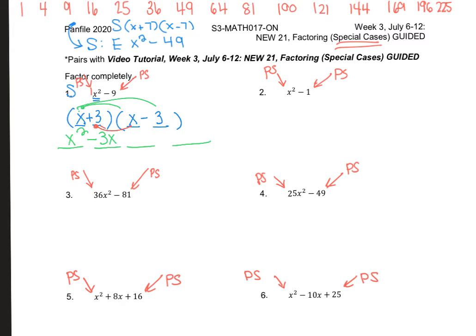We're going to distribute that 3, and we get positive 3x. And then positive 3 times negative 3 gives us negative 9. What happens to the negative 3x and the positive 3x? They knock out, and I get x squared minus 9. And there you have it.